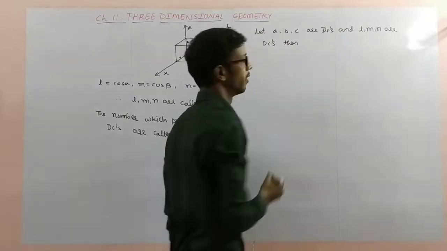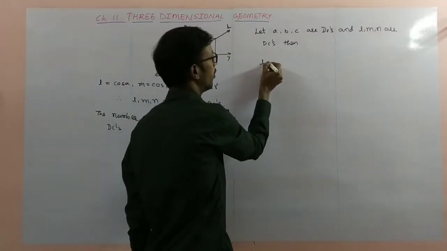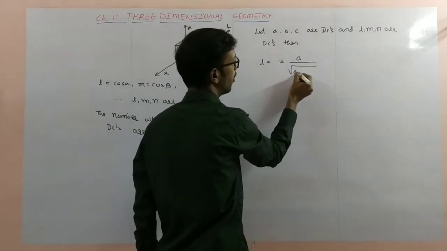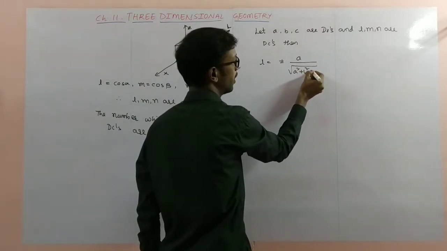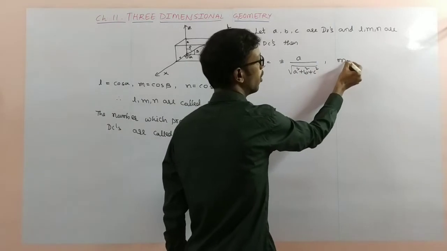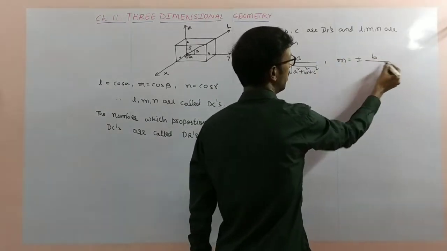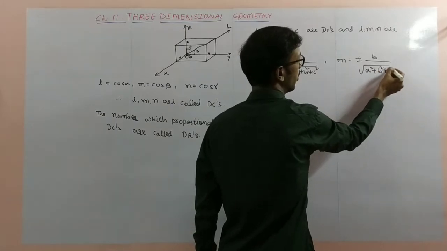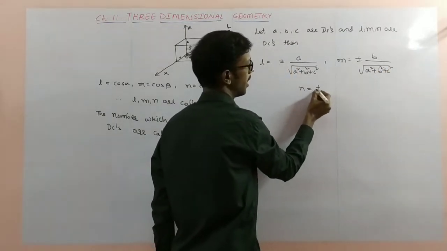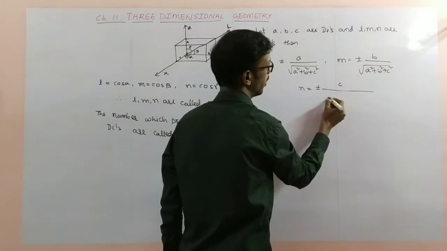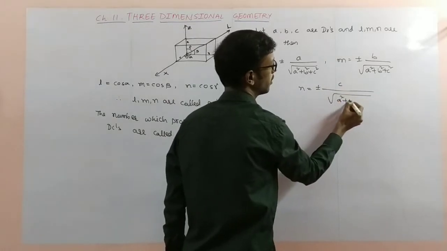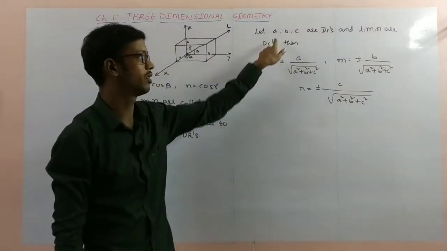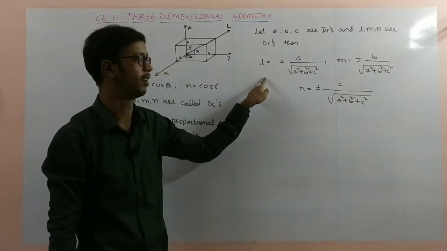Then l equals plus or minus a by square root of a square plus b square plus c square. m equals plus or minus b by square root of a square plus b square plus c square. n equals plus or minus c by square root of a square plus b square plus c square. If you know the direction ratios, we can find the direction cosines easily.